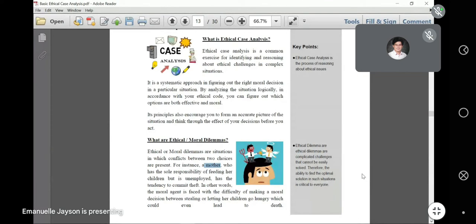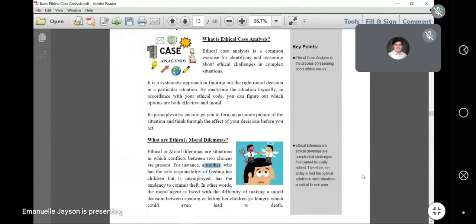So, pag ikaw yung owner ng store na yun, what would you do? What could have been your action? Madali kasing sabihin na sir, baka gagawin ko ito, ganyan. But what matters really is the real life situation.